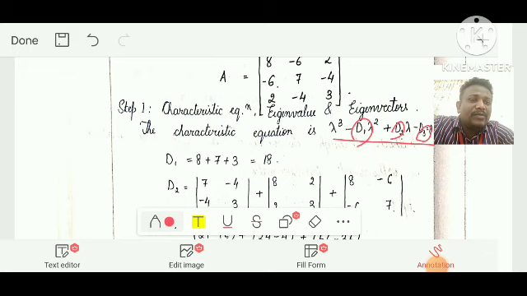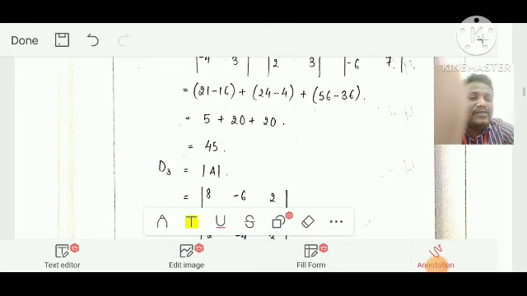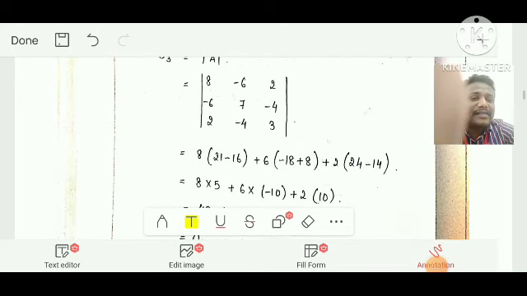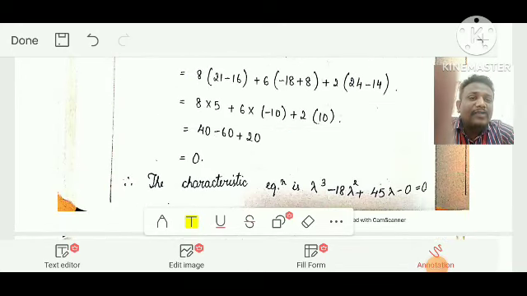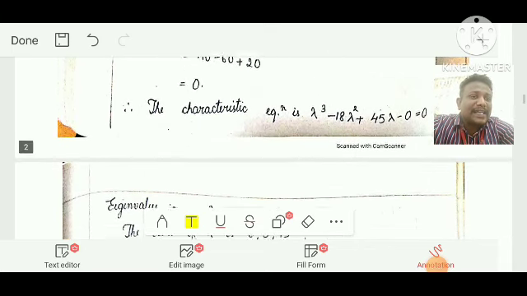We have separate formulas to find d1, d2, d3, and by using them we can get all these values. Here our d1 is 18, d2 is 45, and d3 is 0. After finding these values, substitute them in the characteristic equation. Now you have the characteristic equation.